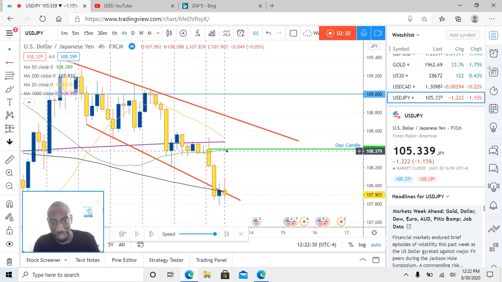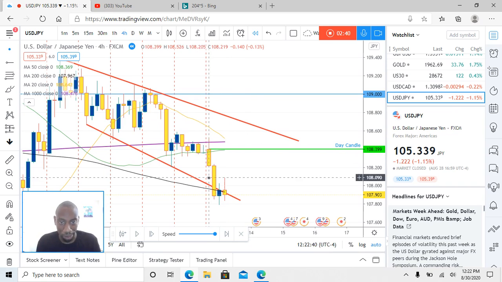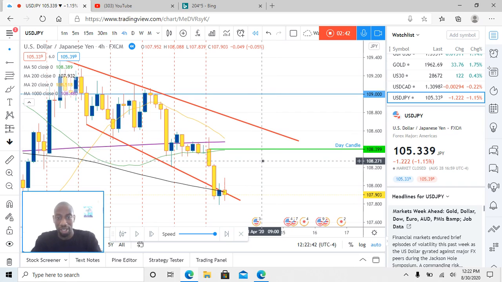Day candle, like I said, started here. I always mark the date where the day candle starts, so I know where I am in the market. On the lower time frames, I'm beneath the open of the day candle, so I'm looking for bearish moves. I'm not looking for anything bullish right now until it crosses back over.